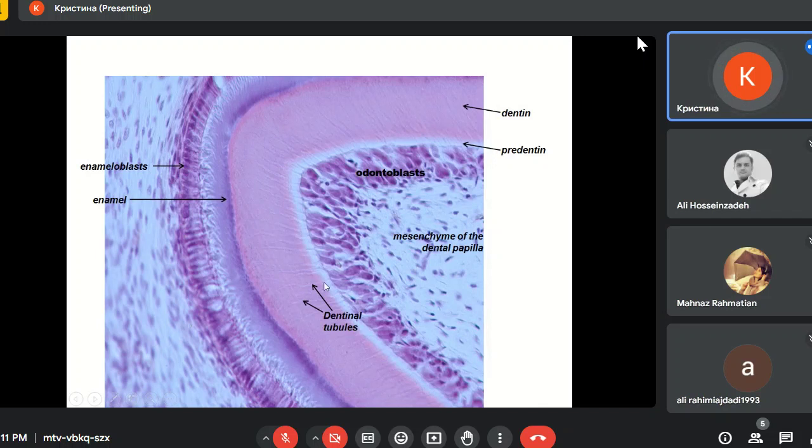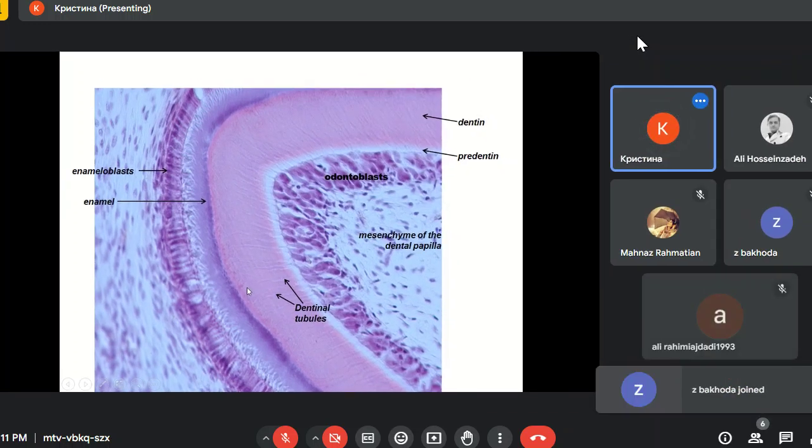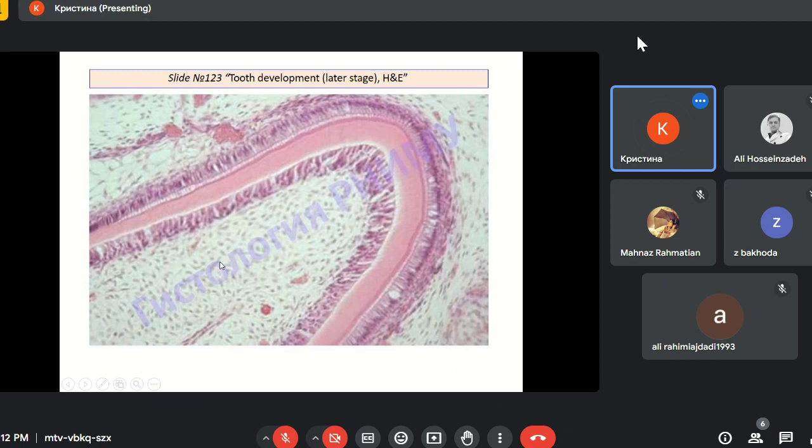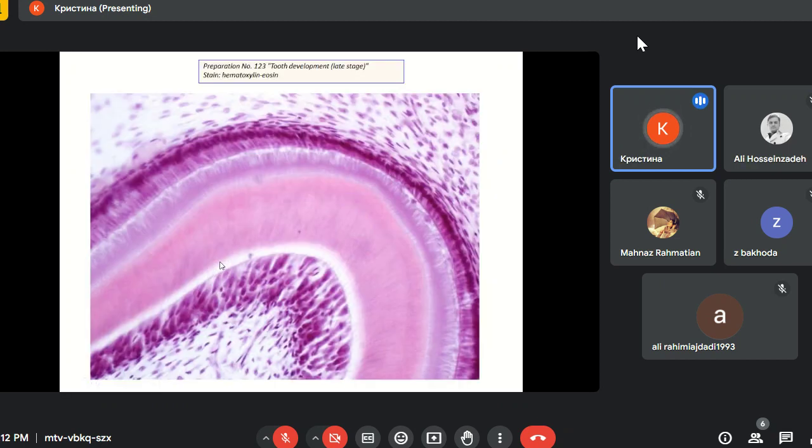In this picture, the dentinal tubules with processes of odontoblasts are very well seen. So they go from the cell bodies of odontoblasts towards the dentin-enamel junction in this region. The same picture is here, and the same is here.